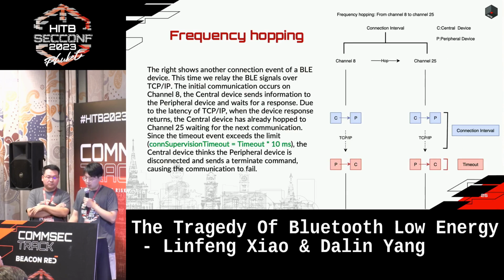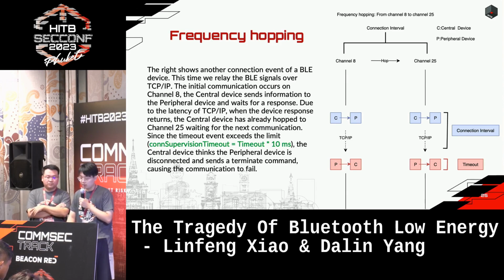The next figure shows another connection event of a BLE device. This time, we relay the BLE signals over TCP/IP. The initial communication occurs on channel 8. The central device sends information to the peripheral device and waits for a response.